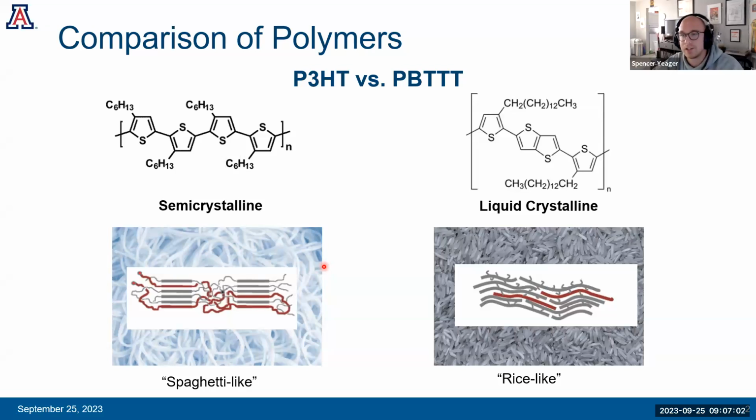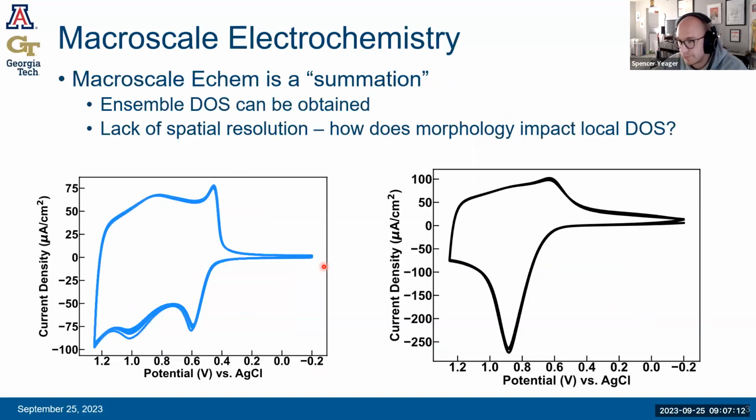Okay. Yeah, so to start looking at that from an electrochemical standpoint, I did some macro scale electrochemistry, i.e. made a polymer film and did the standard cyclic voltammetry experiments.